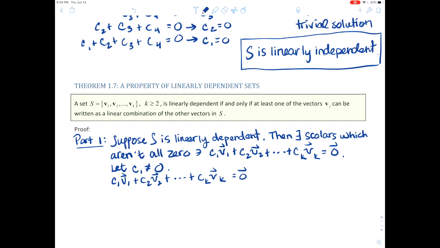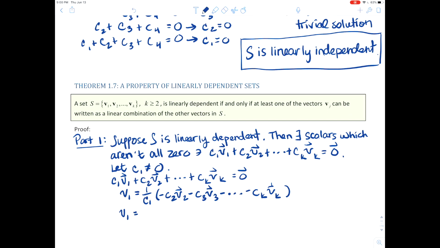But since C1 is not 0, we could isolate V1 and we would have V1 would equal to what? Well, it would be 1 over C1 times negative C2 V2 minus C3 V3 minus ... minus CK VK. Okay, but what is this?